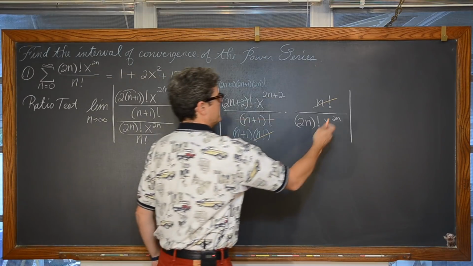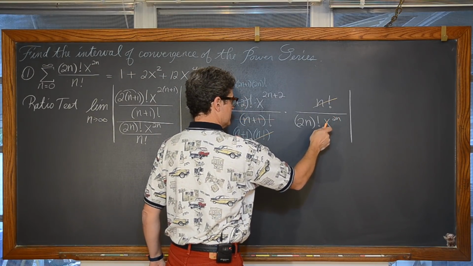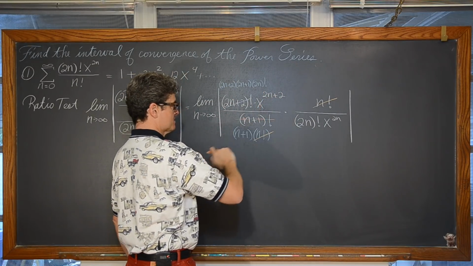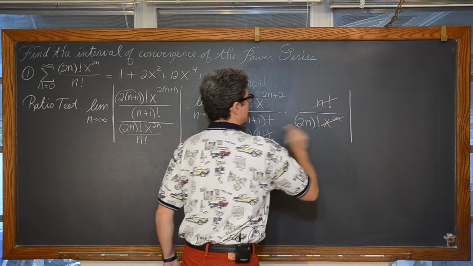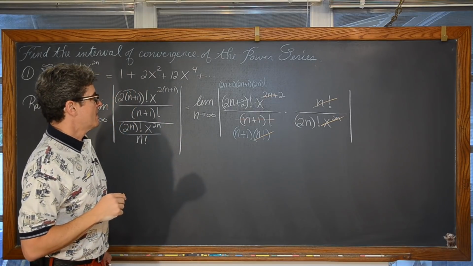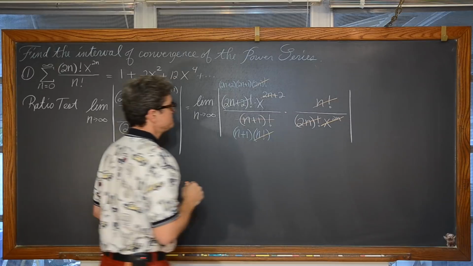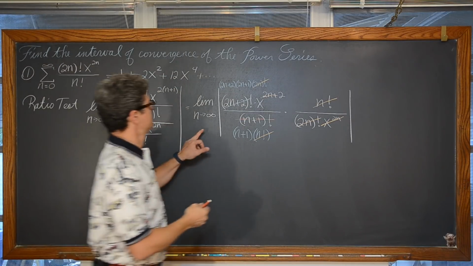And we have 2n bases of x in the denominator, and we have 2n plus 2 bases of x in the numerator. So there are 2 more x's in the numerator than in the denominator. So that is going to cancel out all but 2 of them. And we've got our (2n)! canceling out. Let's clean this up a little bit and see where we stand.